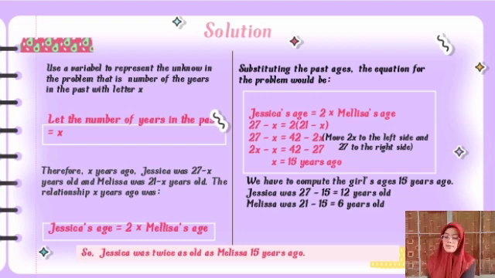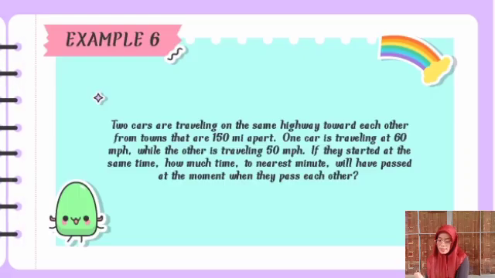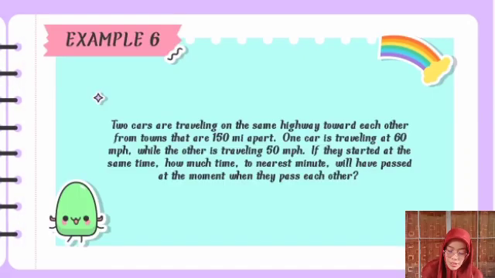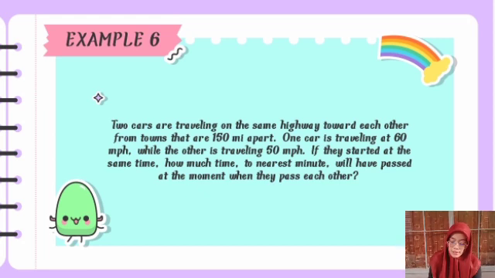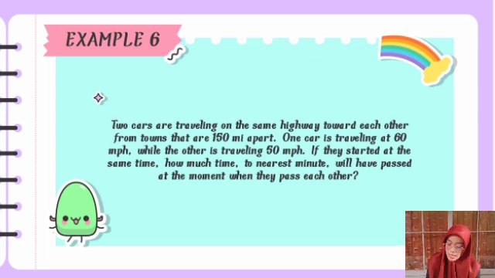The last example is example 6. The question: two cars are traveling on the same highway toward each other from towns that are 150 miles apart. One car is traveling at 60 mph, while the other is traveling at 50 mph.